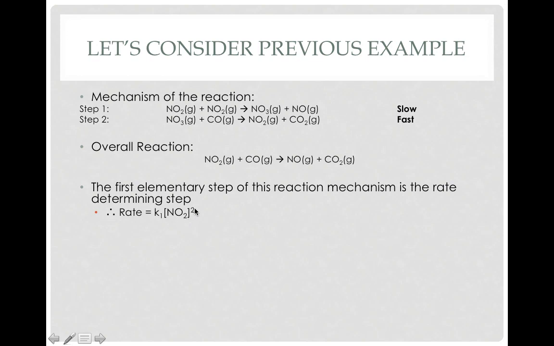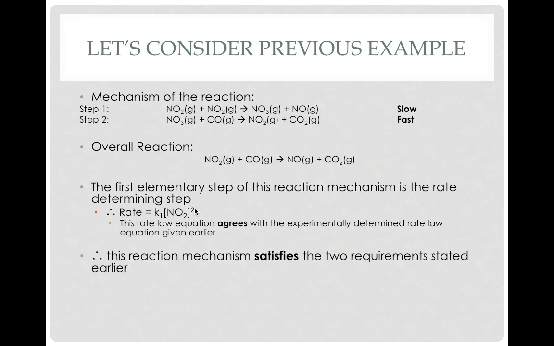And remember, we can write this out because it's an elementary step. Now, this was also what the rate law expression was determined to be for this reaction that we looked at initially. So the slowest step matches the rate law expression. So this reaction mechanism does satisfy the two requirements that we mentioned earlier.